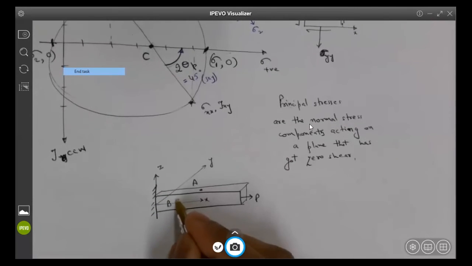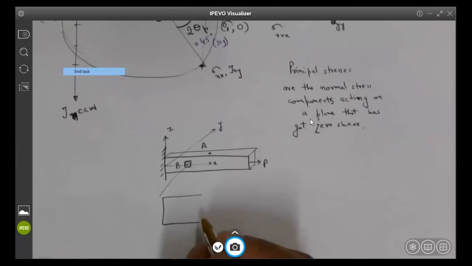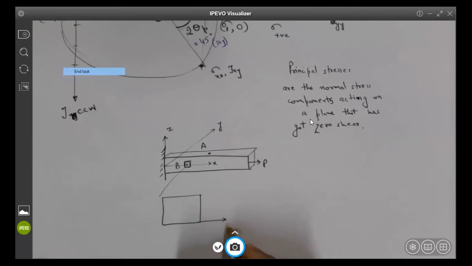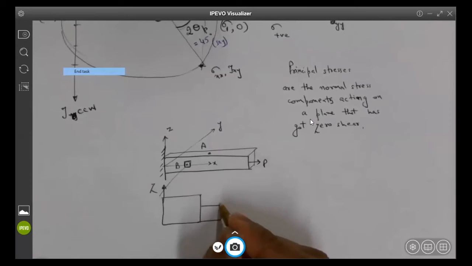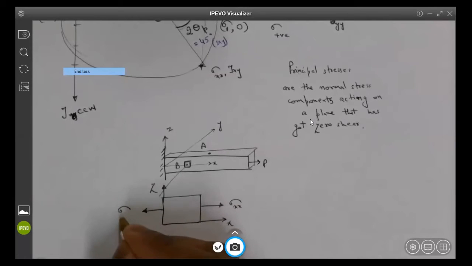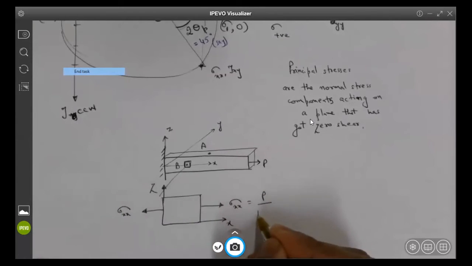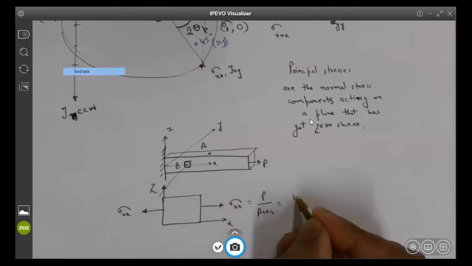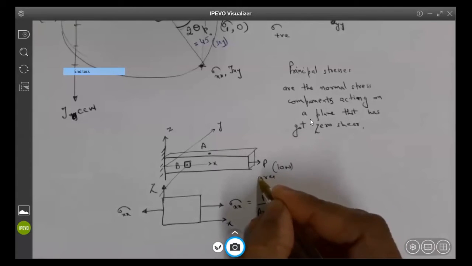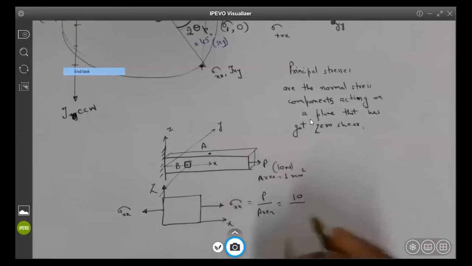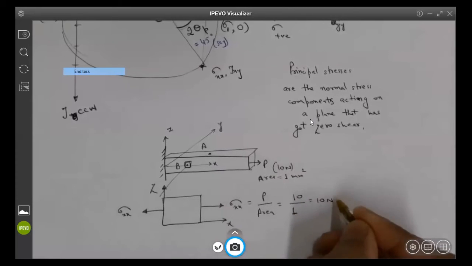If I have to take a stress element at point B, I know that the only stress component acting here is sigma xx, which is given by load divided by the cross-sectional area. If the load is say 10 newtons and the area is 1 millimeter square, then 10 divided by 1 will be 10 newtons per millimeter square.